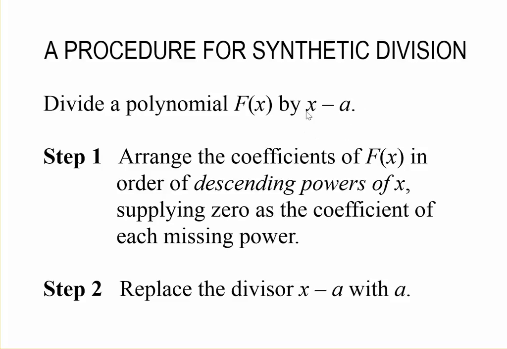Cool. And notice it's given as x minus a. So really, when we look at the divisor, we're going to take the opposite of whatever's here. So if this is x plus 3, technically negative 3 is the number we want. If this is x minus 4, positive 4 is the number we want.